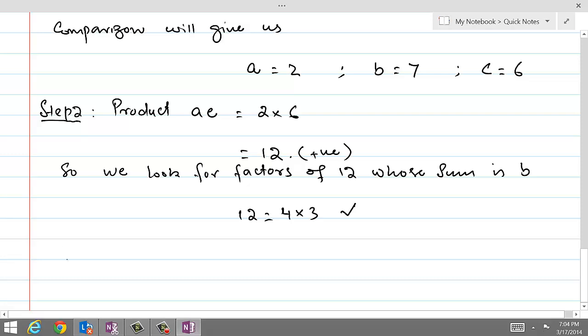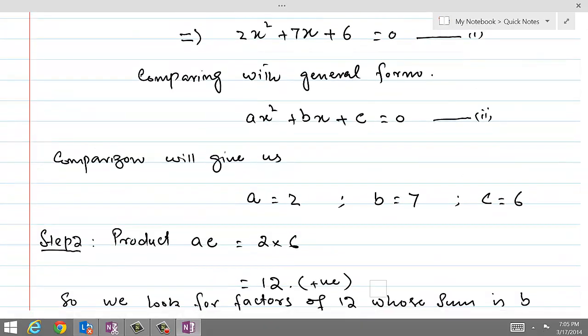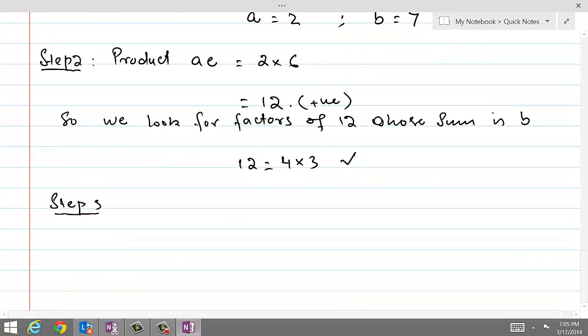Okay, and for step 3, let's rewrite the equation. Step 3, rewriting the equation. 2x square plus 7x plus 6 equal to 0.